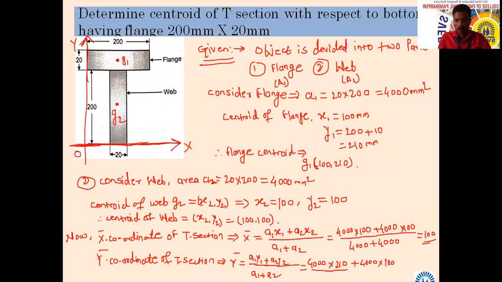Yes, sir. Are you with me? Divided by 4000 plus 4000. Tell me, simplify this and tell me. 155. Have you simplified? Yes, sir. 155.